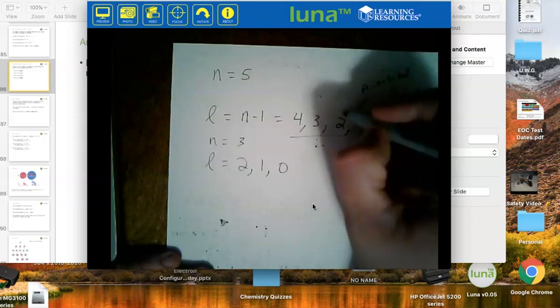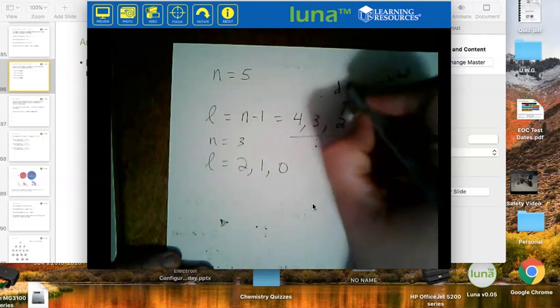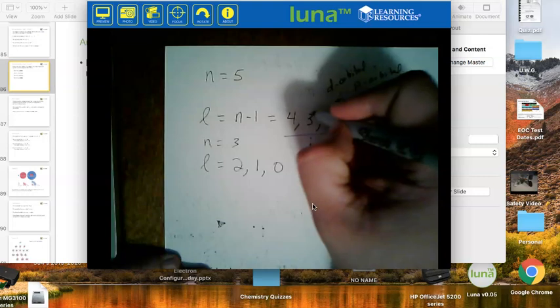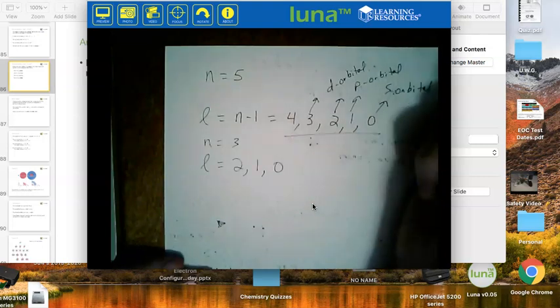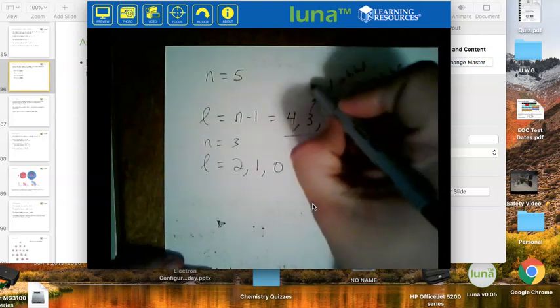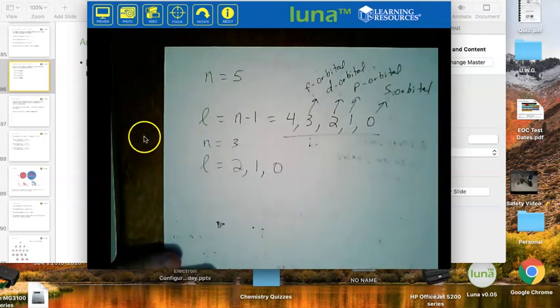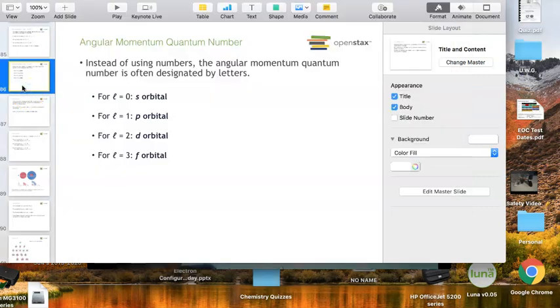And then 2, it's a d orbital. 3, it's an f orbital. And then I don't think we get past f, although theoretically, you can get past f, but I don't want to blow your mind yet.